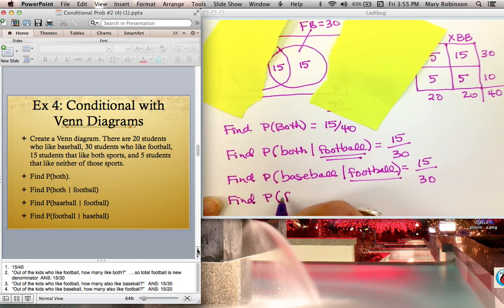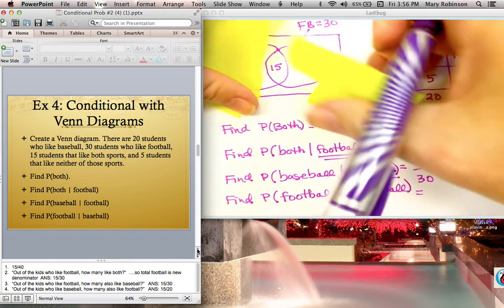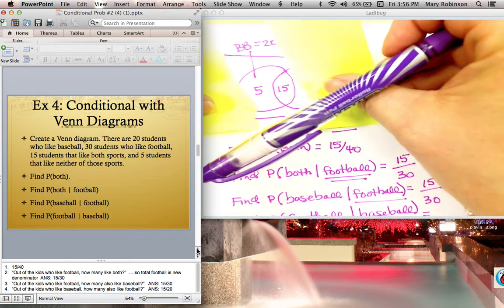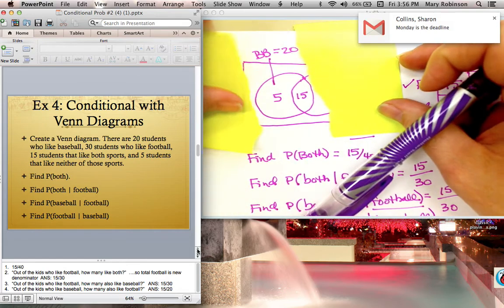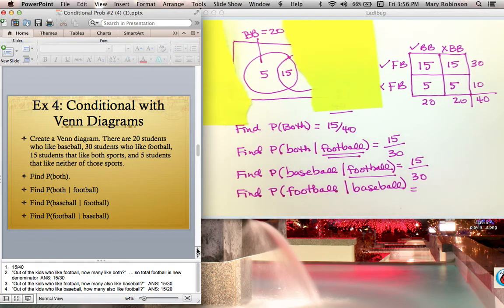Now we're asked to find the probability that the respondent likes football given that they like baseball. Well, that means our new total is going to be the baseball total, and we want to ignore everything else. So given that they like baseball, how many do like baseball? That's going to be our denominator.